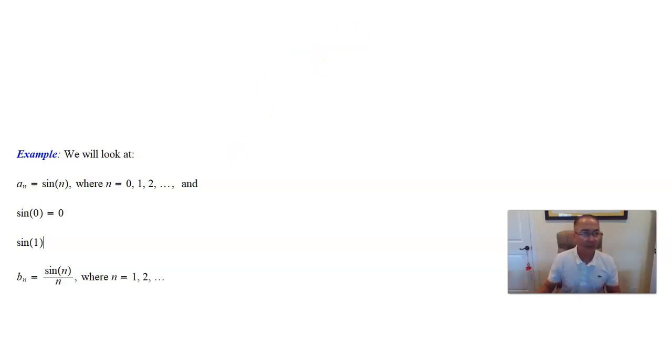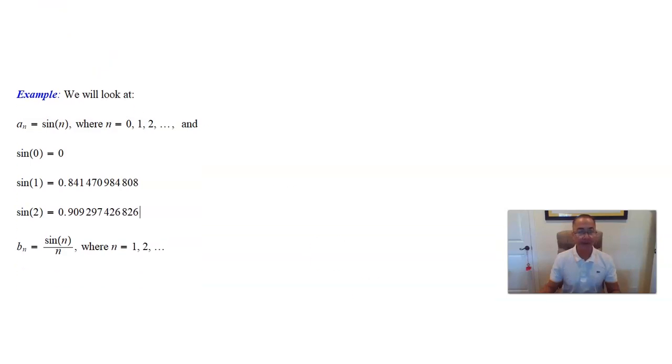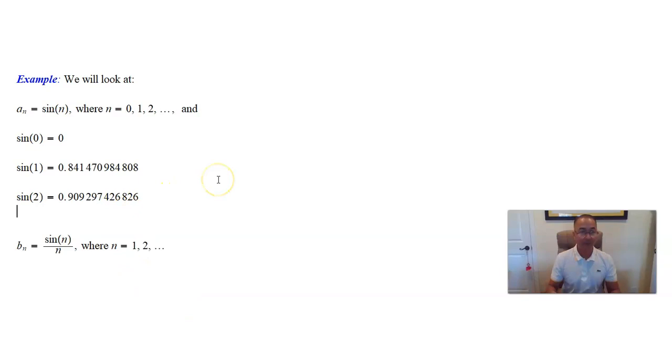And Maple says sine of 1 radian is approximately 0.8. So what about 2 radians? Sine of 2 radians, we're now in the second quadrant, so the sign is still positive. Sine of 2 radians is 0.9. All right, so let's do a couple more. What about sine of 3 radians?